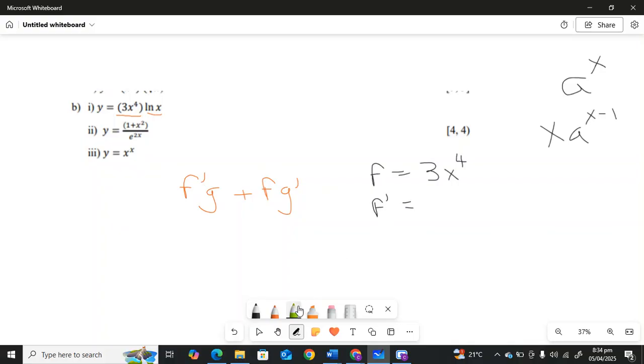As I said, when you're deriving, you multiply the exponent with the coefficient: 4 times 3, that is 12. Then for the exponent, you subtract 1. So 4 minus 1, that is 3.